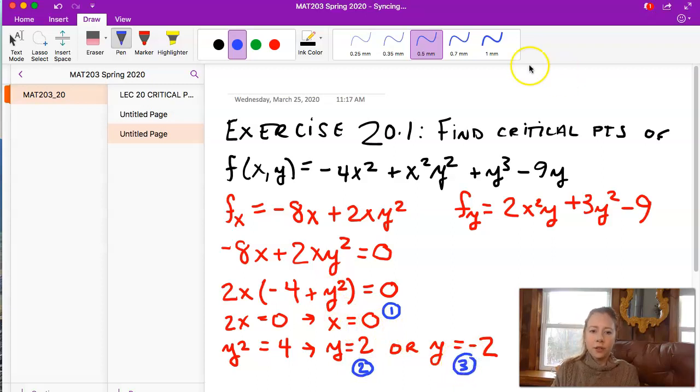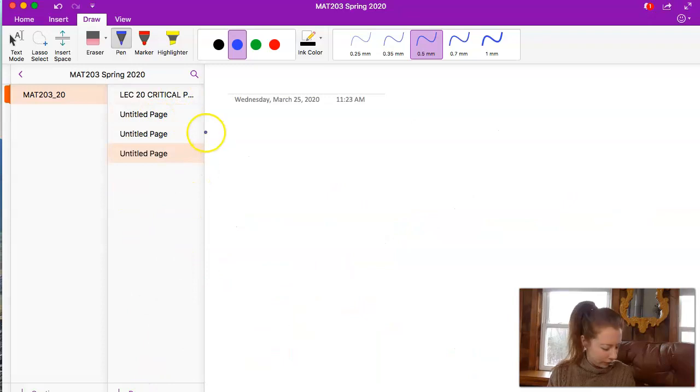All right, so I'm going to open up a new sheet to take a look at this. Now, what we're going to do is take these values for x and y and plug them into our partial with respect to y, our y component of our gradient, and set that equal to 0 to find the roots. All right, so let's do it. Okay, so first we had x equal to 0.